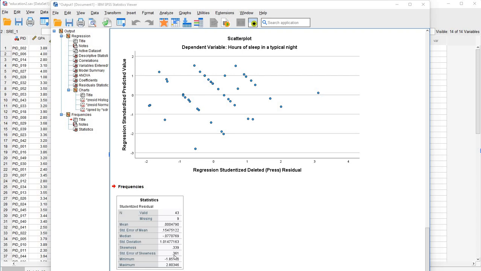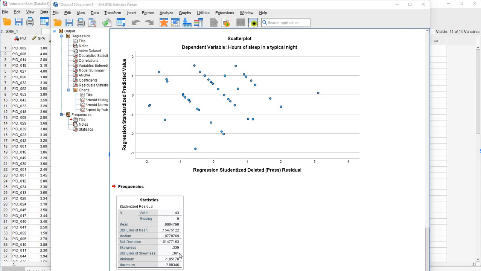If I have 0.36 for my standard error of the skewness, I times 2, I get 0.72. So for me to say that our residuals are normally distributed, we would expect that skewness statistic of 0.34 to fall between negative 0.72 and positive 0.72, which it does here.